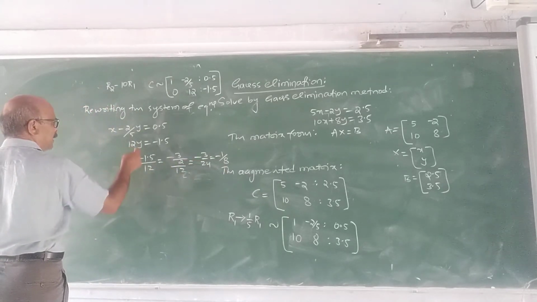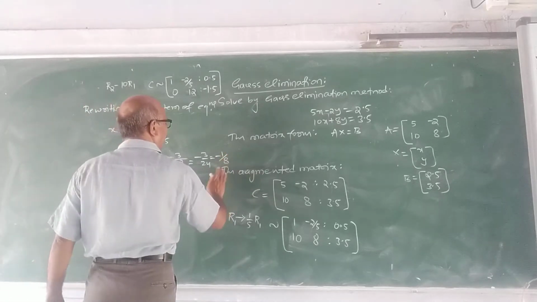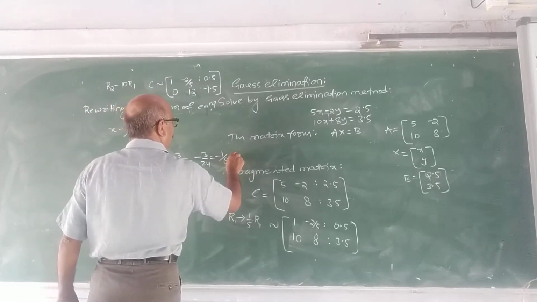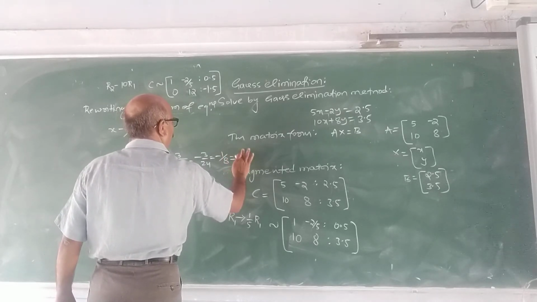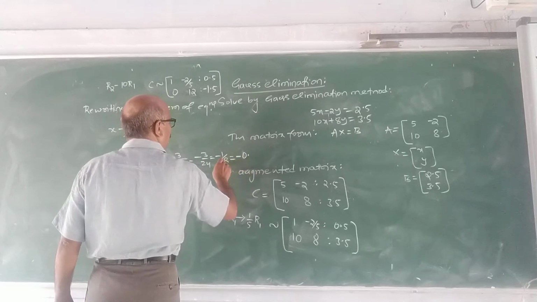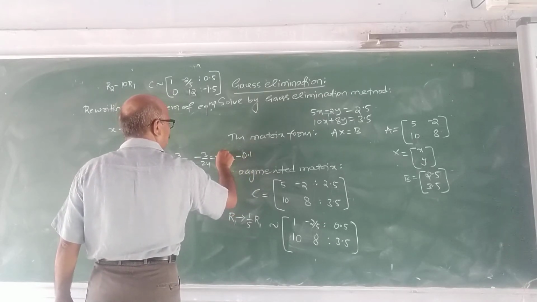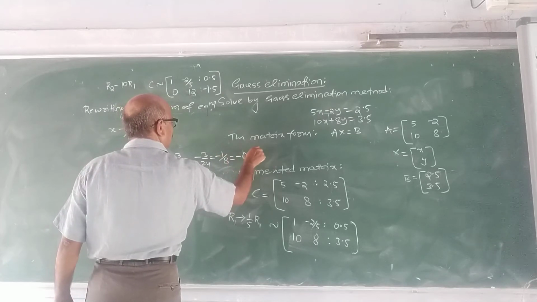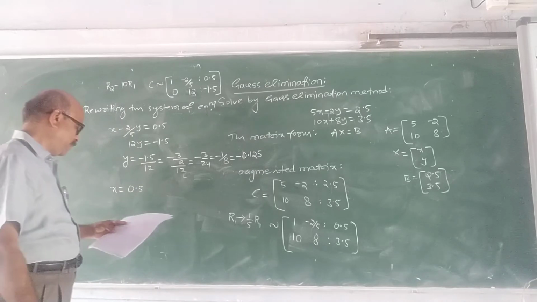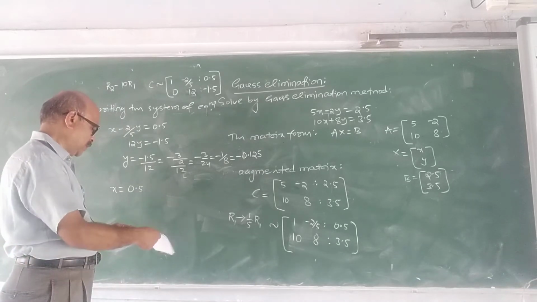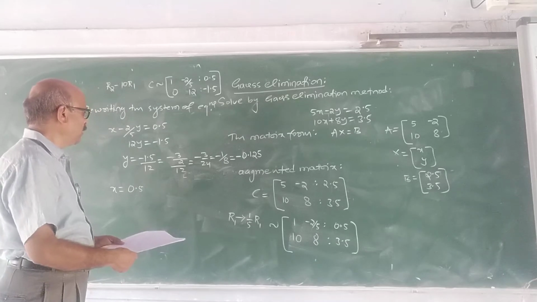Now x, by back substitution, is 0.5 minus 1 by 8.